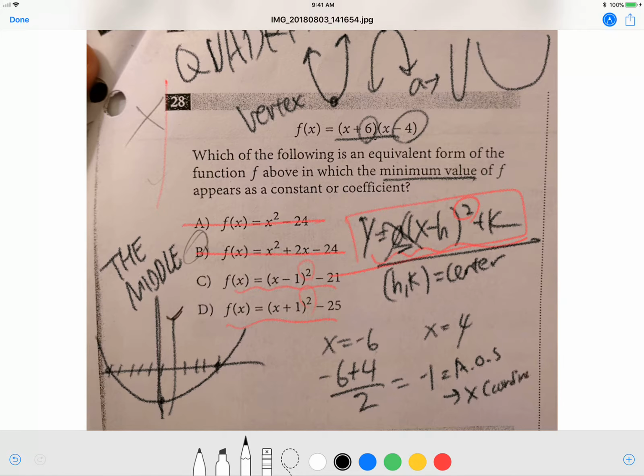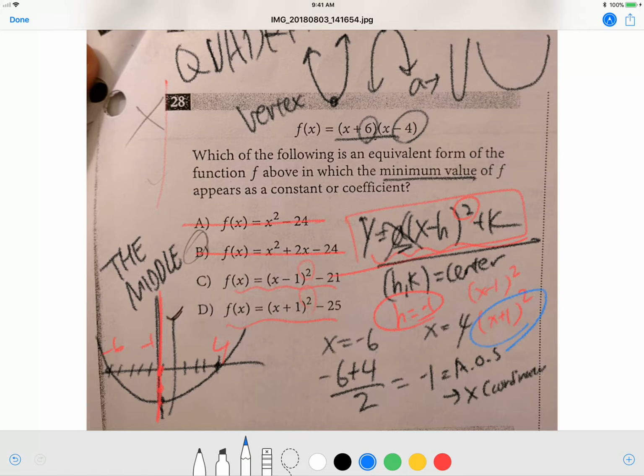So for example, this is at -6, that's at +4, so this is at -1. That's your x value of the vertex, because no matter where you go on this line, it will always be where x equals -1. So that means your h value is -1. And if you were to plug in h as -1 into this function, are you going to get x -1, or are you going to get x +1?